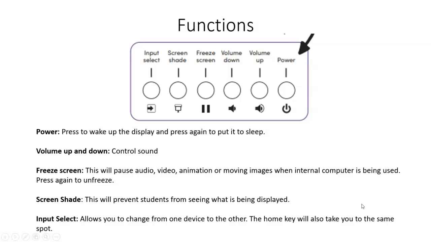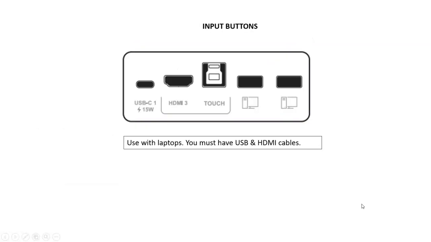Oftentimes we receive calls that the teacher cannot see the screen. All you have to do is hit that input button and it'll show you where your computer is at. You just tap on that button and it'll let you see what it is. And again, we'll go through that when we're done with the PowerPoint part of this. So those are the buttons that are all over here on this side.